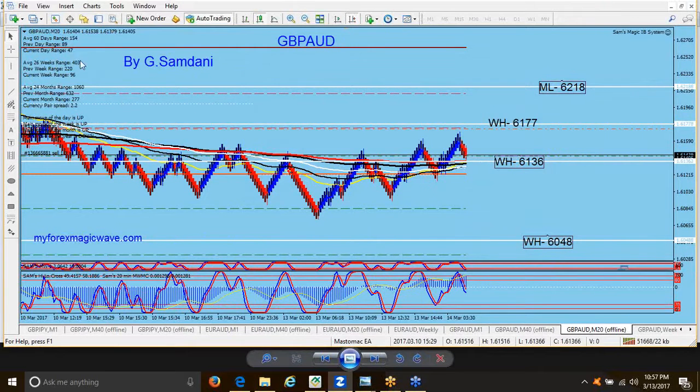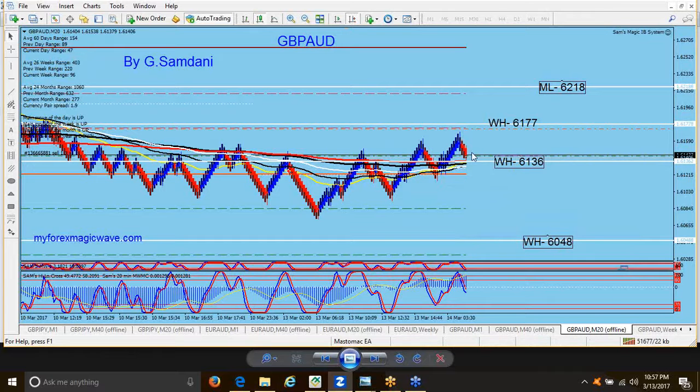So we have 47. Let's say if average range is 154, and so far we have 47 from the start to now, then we have 100 pip more to go, right? And maybe if it is coming, see, we started from here, we went up 47 pip, but if we're coming down here, and we still right around here, we still have 47 pip, and then maybe 100 pip more.